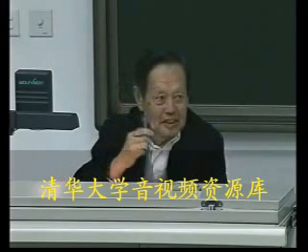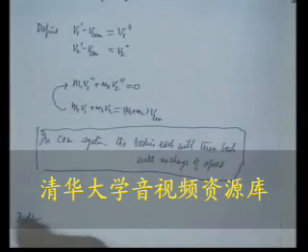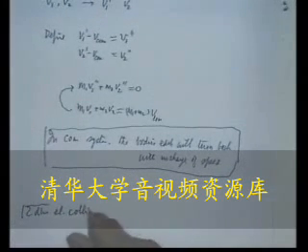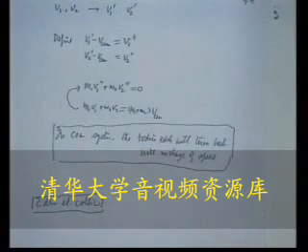Now let us generalize that to two dimensions. Two-dimension elastic collision. The lesson is that you should go to the center of mass system, because everything looks simpler in the center of mass system.